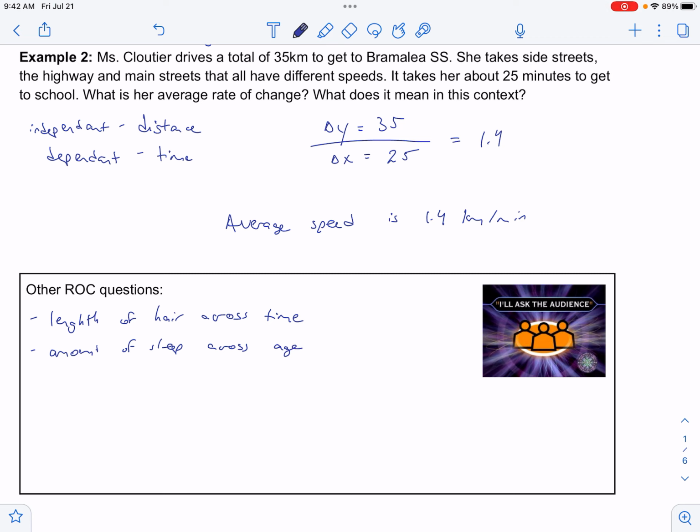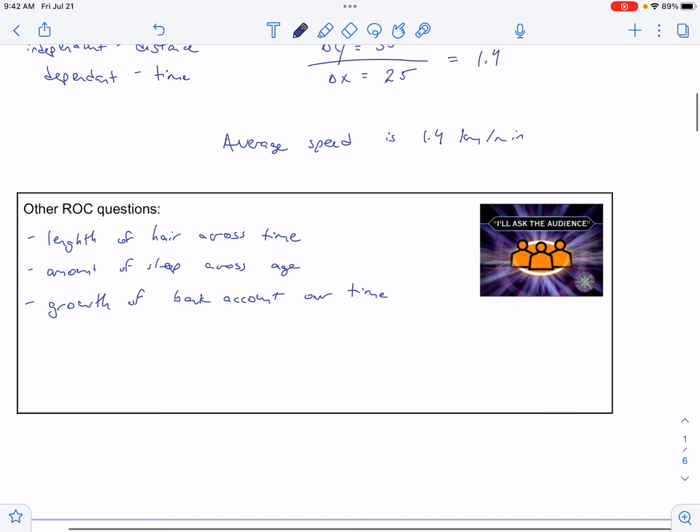Children sleep a lot, and then teenagers sleep less than babies do, but they still sleep a lot, and then adults sleep less, and then grandparents sleep very little. Maybe you want to be looking at the growth of something, like the growth of your bank account over time. Lots of different things that you could be looking at the rate of change for. Okay.